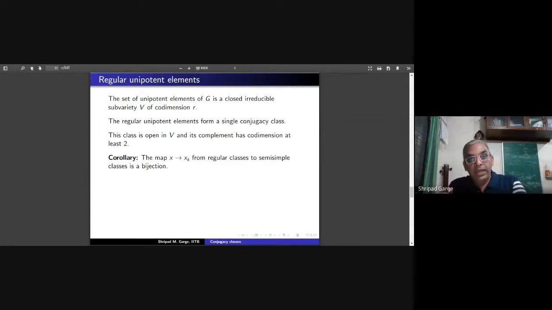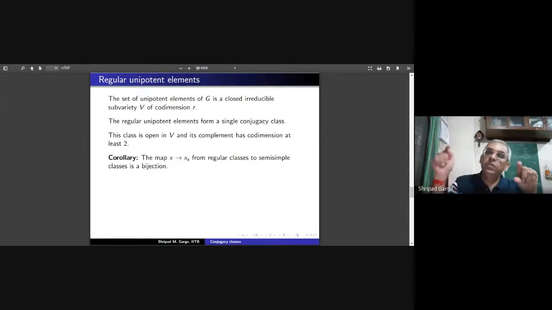Suppose XS and YS, the semisimple parts, are conjugate. We want to prove that X and Y are conjugate, them being regular. So if XS and YS are conjugate by some element g, then you change your Y by that suitable conjugation so that you have two regular elements having the same semisimple part.